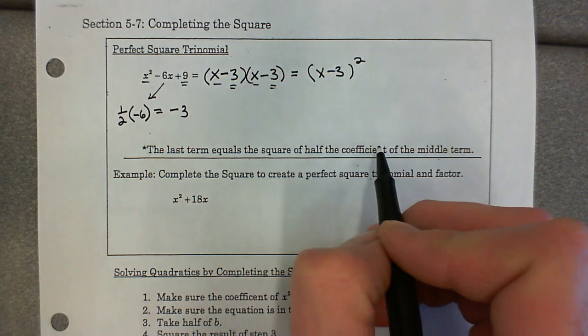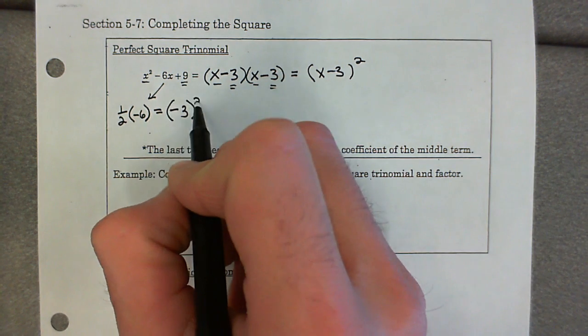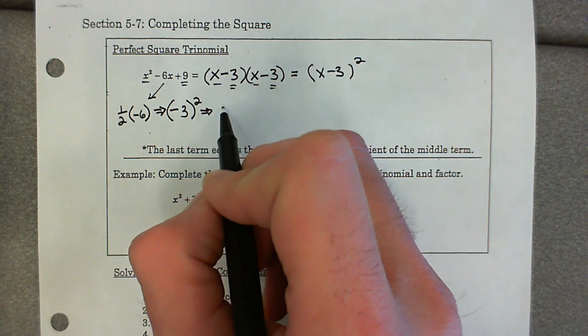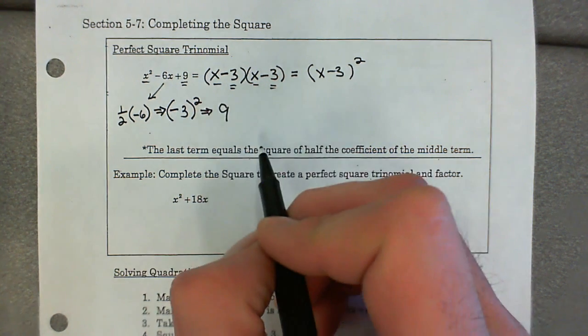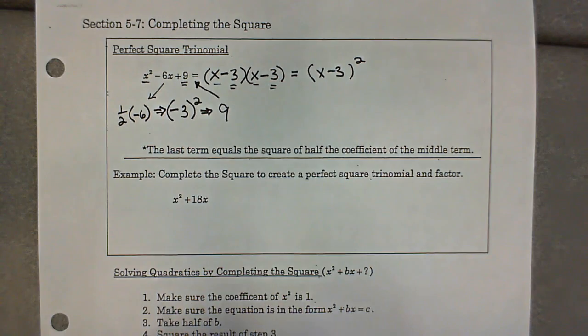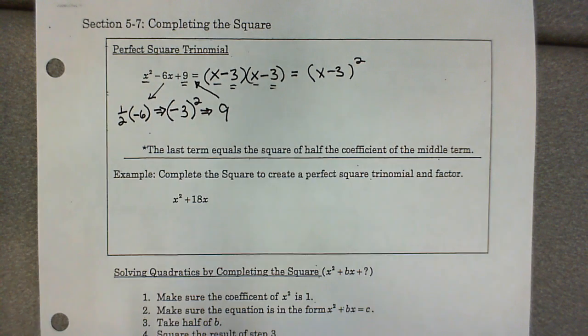So you take half the coefficient of the middle term, and then you square it. So now we're going to take this, and we're going to square it. And if you square negative 3, you get positive 9. And that's what this last term there should be. So this last term is always half of the middle term squared. If that's true, then this is a perfect square trinomial.